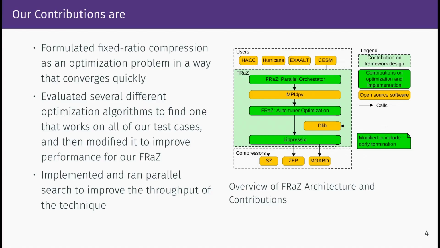FRaZ Parallel Orchestrator, which is responsible for parallelizing and spreading the job across a cluster. The Optimizing Auto Tuner, which is responsible for determining the specific error bounds. And then finally, we also developed libpressio, which we won't talk about much in this work, but is a generic abstraction for the compression of dense tensors.